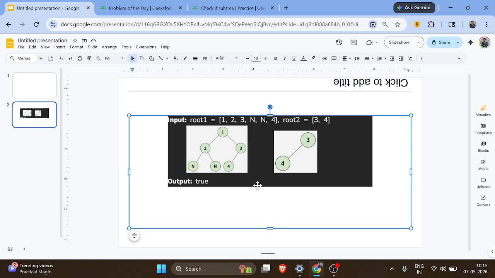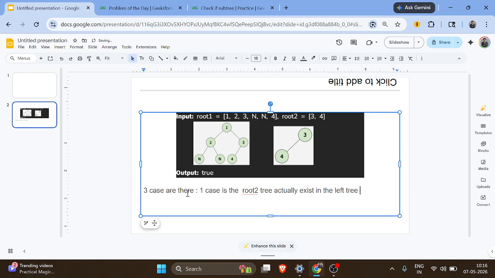So what does it mean? It means that there are three cases. Case one is that the root 2 tree actually exists in the left subtree of root 1.